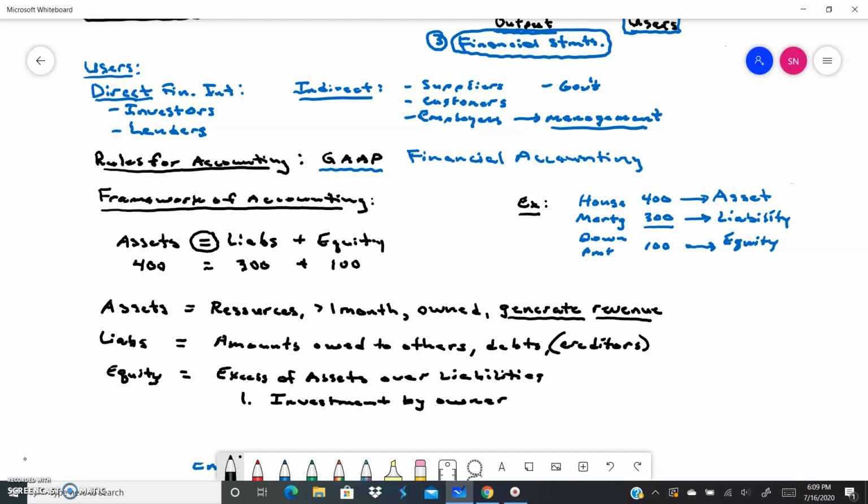equity. Now, in this book, we're assuming that we are a corporation. So if it's a corporation, then this would be any investment in what's called common stock. So what happens is the owner will invest money into the company and in exchange receive stock.